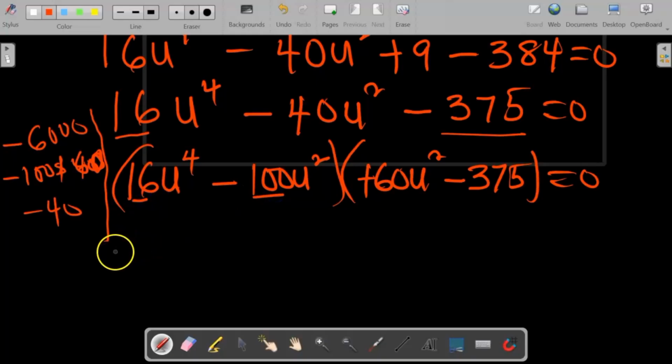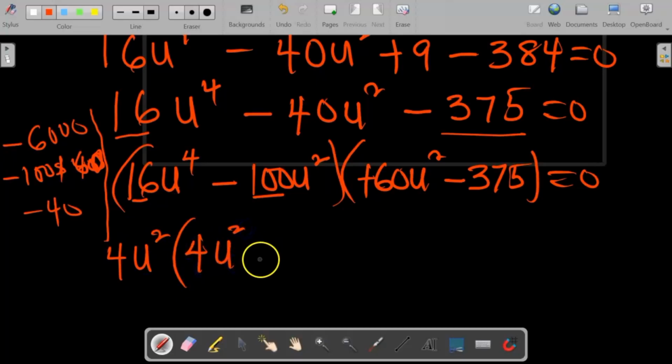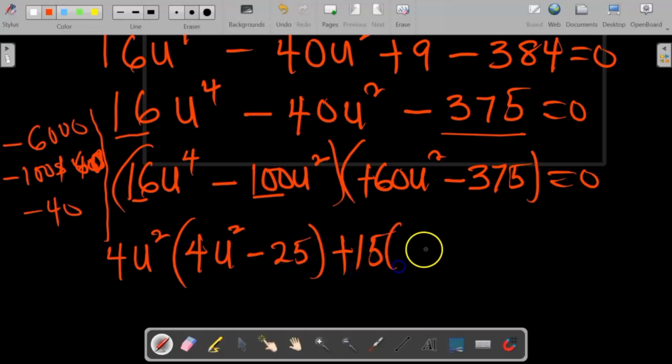Something is common. 4, bring it out. u squared is also common. So I have 4u squared minus 25, plus, looking at this other side, 15 is common. 4u squared minus 25 is equal to 0.